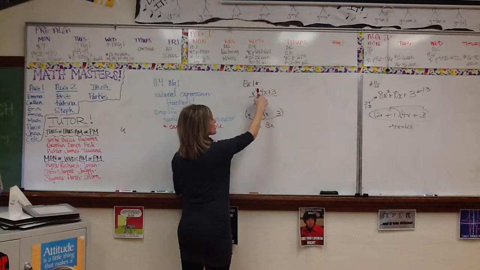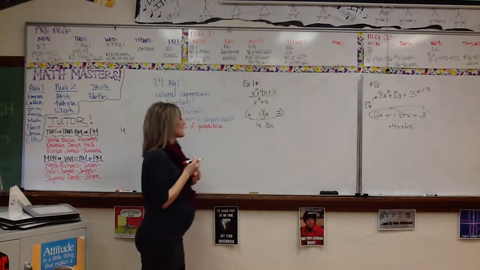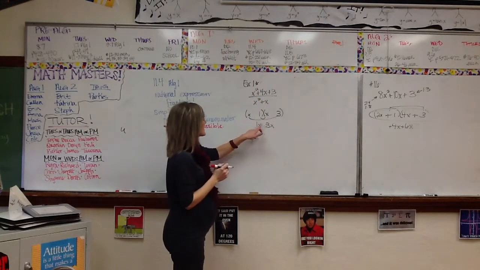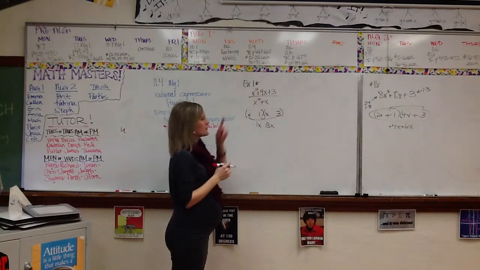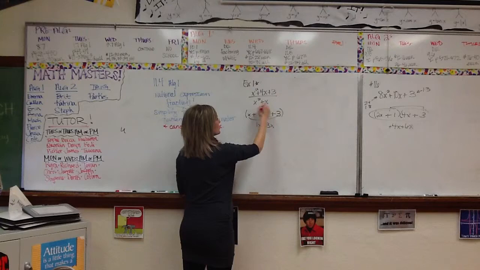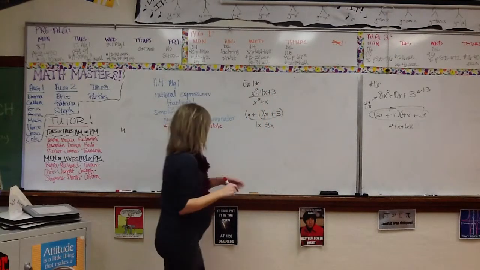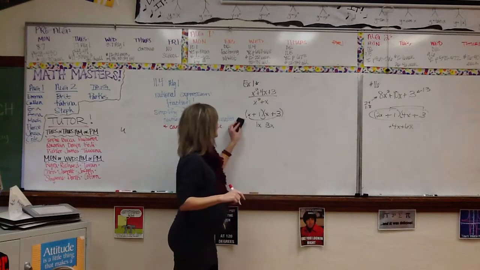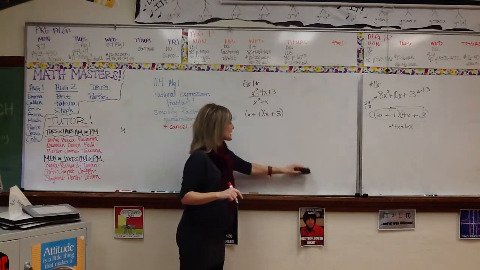I'm trying to get to 4x. What do you think, Allison? What would my signs need to be here to get a positive 4x? They're both positive. Very good. Remember, your final check is 1 times 3 still 3? Yes, it is. Now again, I'm going to erase my check because I don't need it for my answer.